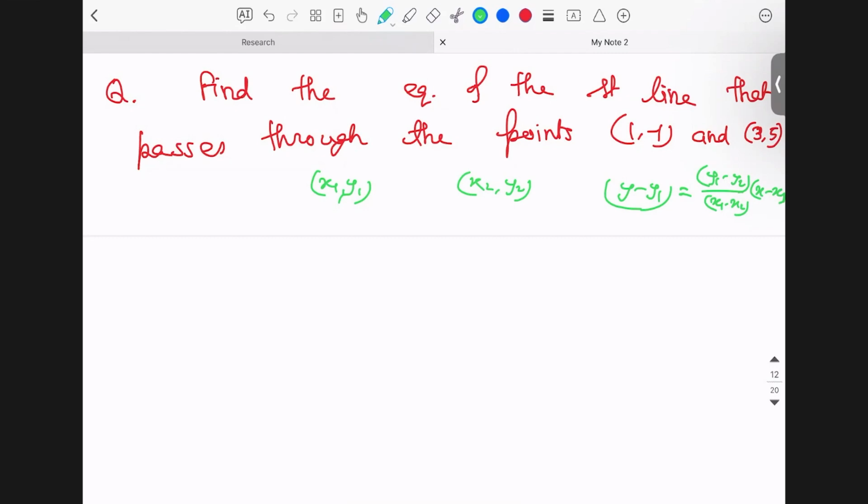Okay. So here, let us consider (x1, y1) as (3, 5) and (x2, y2) as (1, 1).